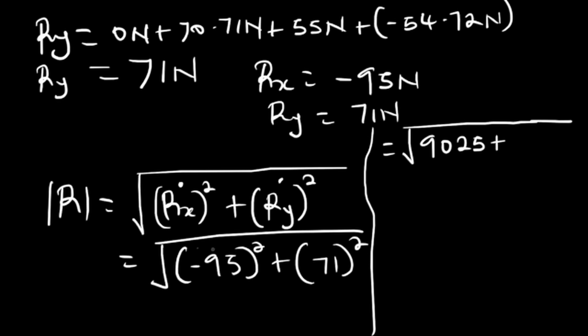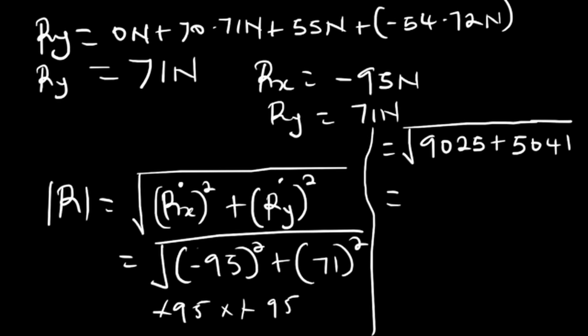Eventually the negatives are going to cancel out, just like when you have negative 95 times negative 95, that's equivalent to raising it to the power of 2. So you end up with a positive value. The next one is 71. So 71 squared is equal to 5041. Now let's add them up and take the square root.